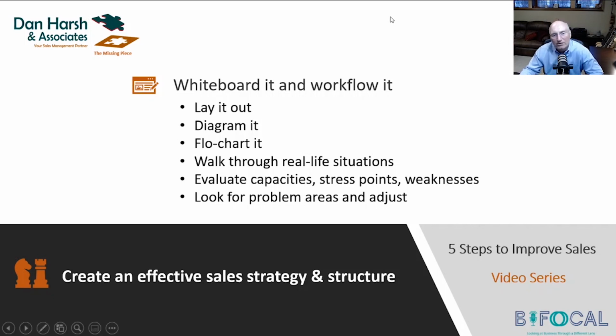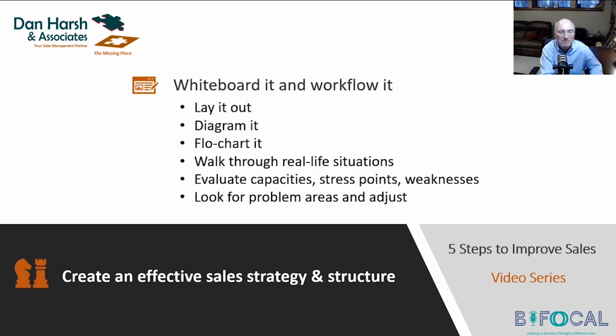The goal here, the objective in whiteboarding it and workflowing it, is we're looking for stress points. We're looking for weaknesses. I want to evaluate capacities. In the way I'm designing it, can the lead generation function of my engine generate enough business to meet my sales goal? Does my closing sales part of my sales engine have enough capacity to close the type of business I need?